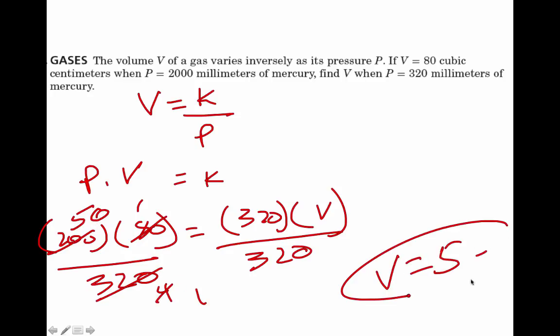V is 50. Whoops, 50. 50 what? Cubic centimeters. So there you go. You got your variation problems.